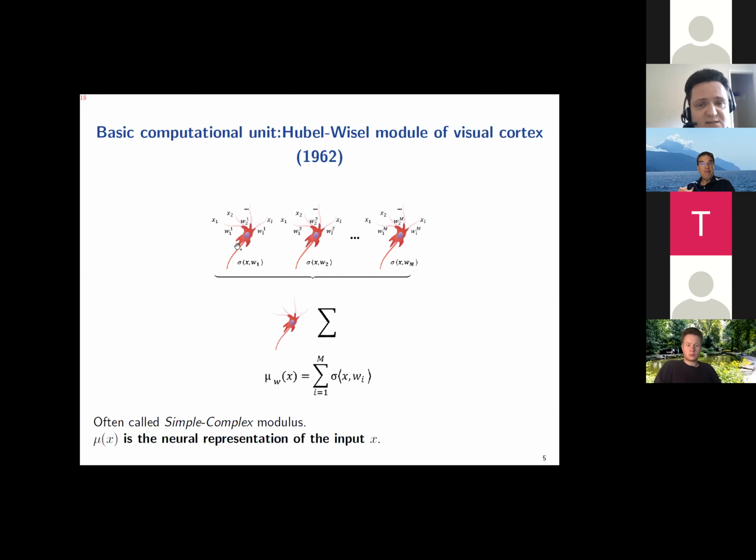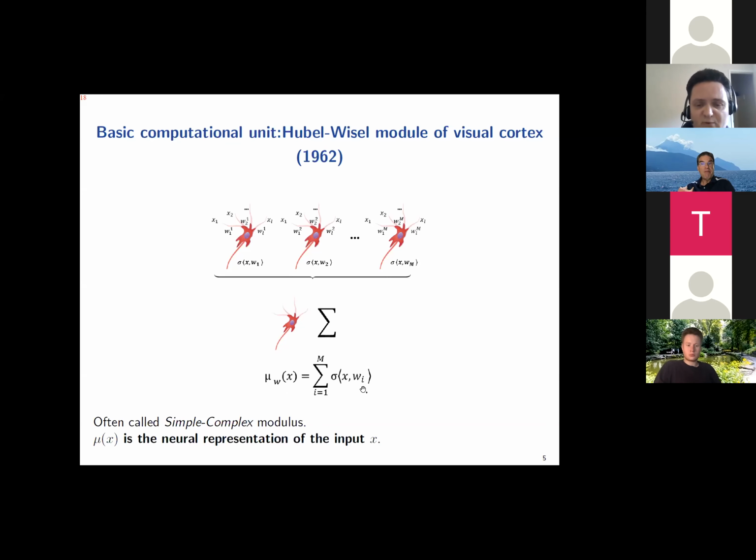And then the activations of these cells are somehow pooled, aggregated by a complex cell, which in this case is just summing up their activations, but you can think about many other types of pooling functions. Okay, so this is the type of mathematical object, if you want, I'm going to concentrate on in this talk, very simple.